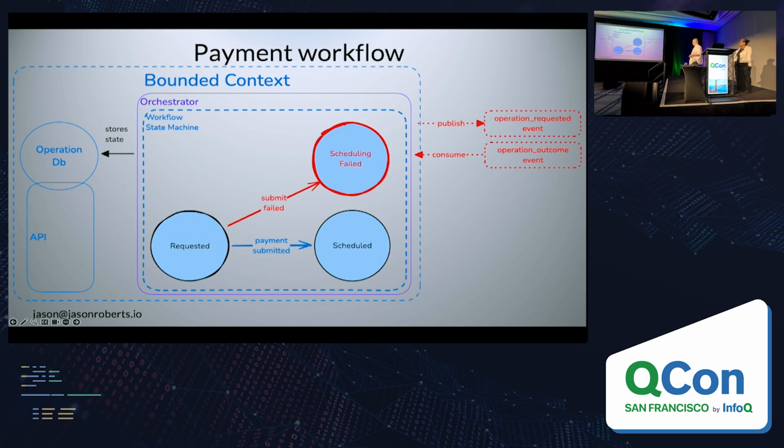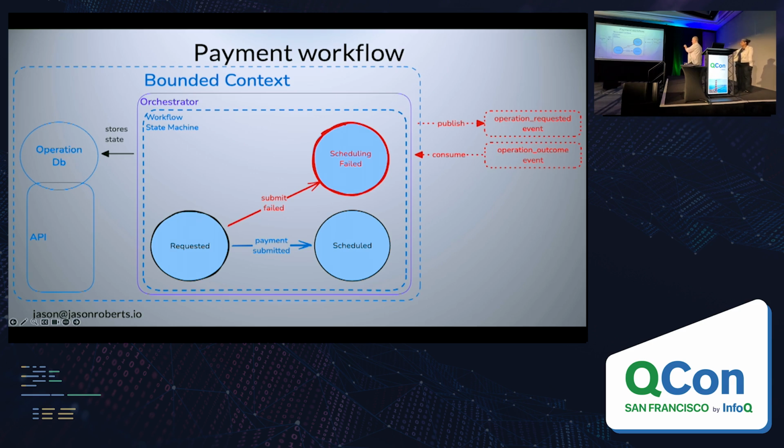So let's look at how we model those workflows with our state machines. Again, going back to the example of making a payment, in the purple box there I have my orchestrator, and the workflow state machine looks like this. I'm starting in the requested state, which means that a user has clicked on the button, submit my payment. That's going to cause an event to be emitted, operation requested, or state change.